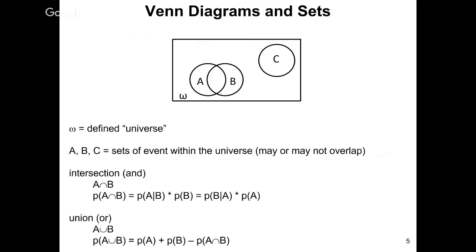let's say this circle is engine 1 in an aircraft, and this circle is engine 2 in an aircraft. The red circle represents the probability that engine 1 is going to fail. Outside of this circle, in the rest of the universe, engine 1 is fine.